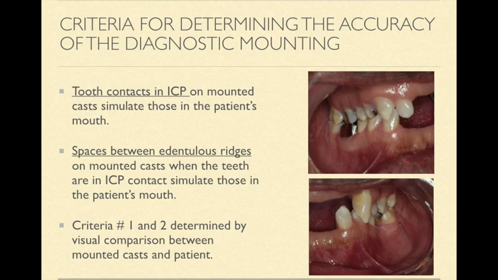Sometimes we might have the same tooth contact in ICP. However, when you use a base plate occlusal rim to take the registration, it might float, so the space over the edentulous area on the cast is different from the intraoral condition. Then you will need to redo the registration record.